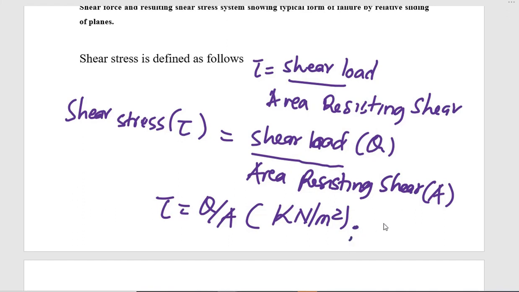It can also be in meganewton per square meter, etcetera.